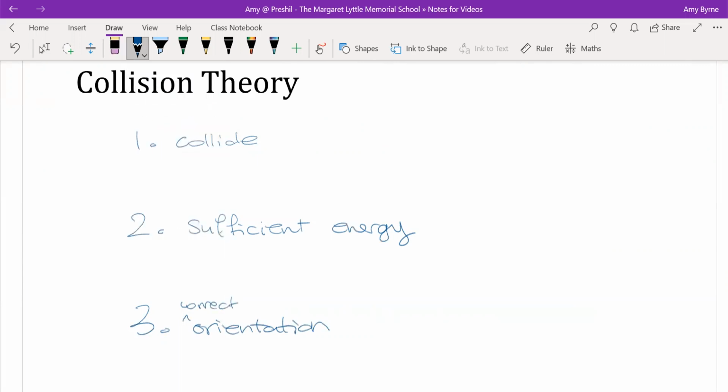Now, how we are defining sufficient is that the energy of that collision has to be greater than or equal to the activation energy. And the other term you might hear, instead of orientation, is reaction geometry.